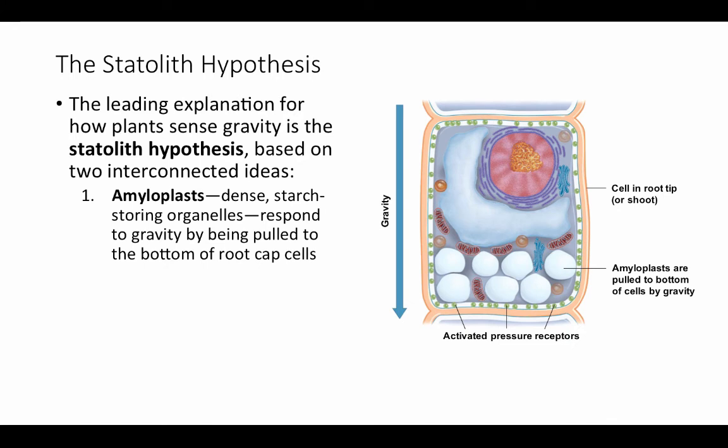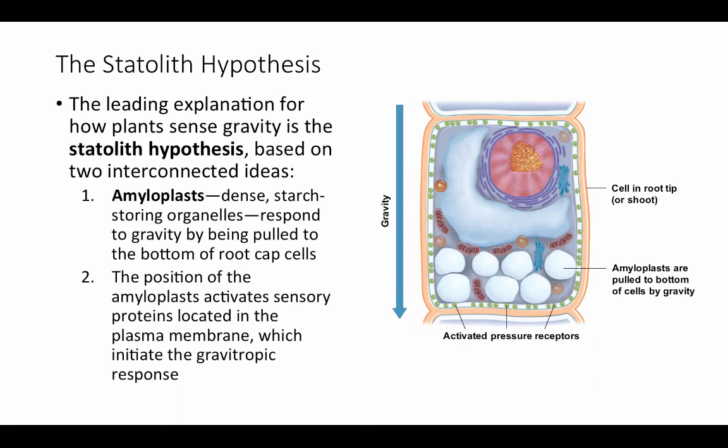First of all, amyloplasts, which are dense starch-storing organelles, respond to gravity by being pulled to the bottom of root cap cells. So these have a greater density than the rest of the cell contents, and they're going to tend to be pulled down by gravity to the bottom of the cell, whichever is the bottom with respect to gravity.